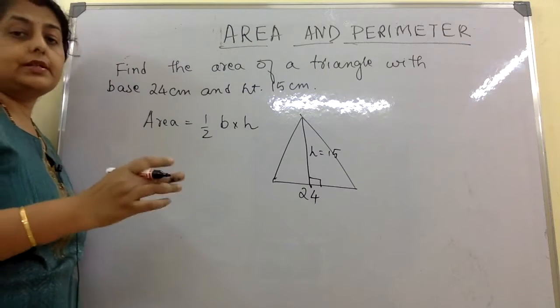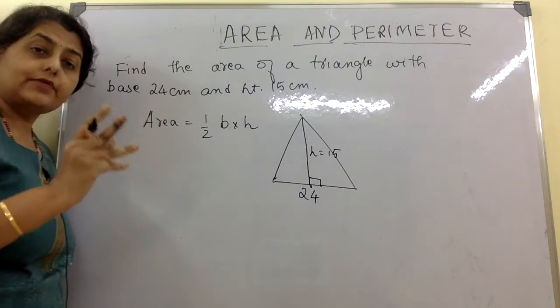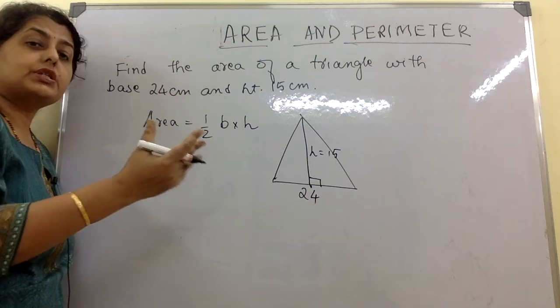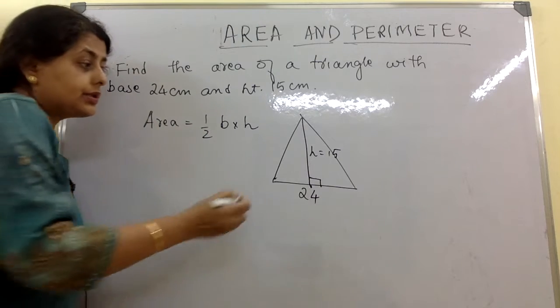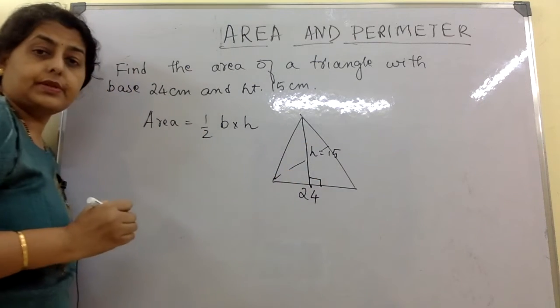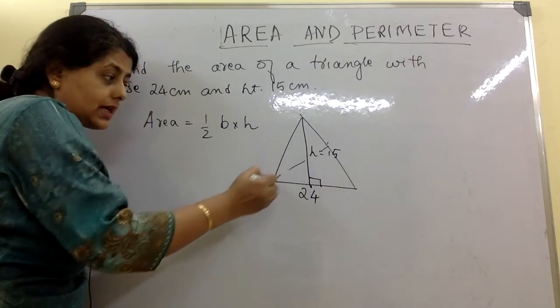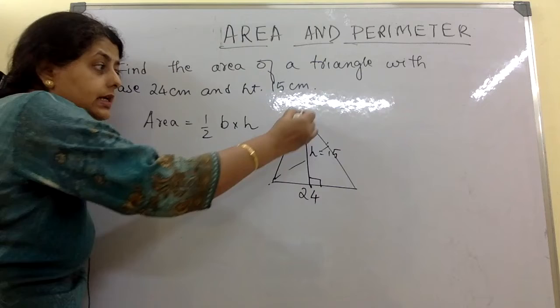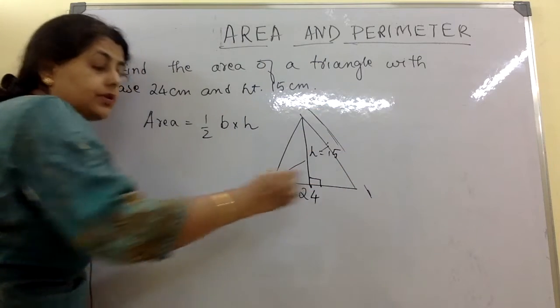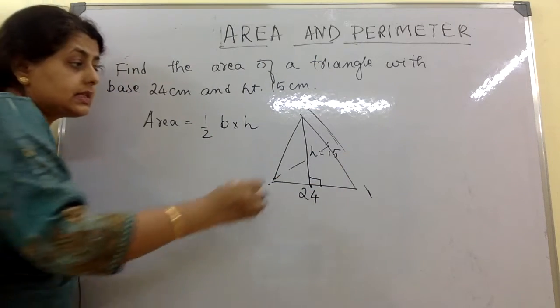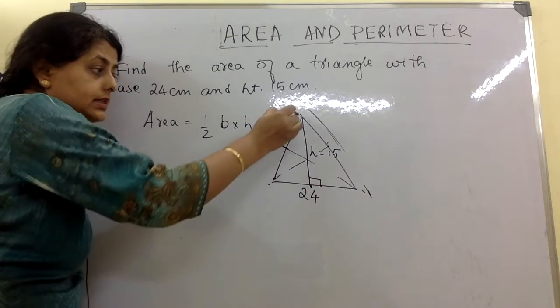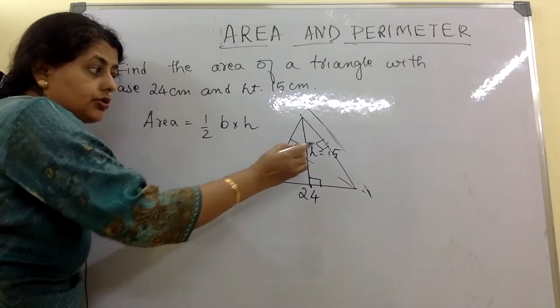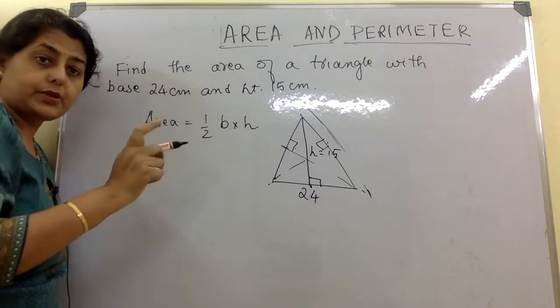Now remember one thing, for the same triangle I can have 3 different heights. Let's see. This can also be another height. If I am using this height, supposing it is 12 centimeters, then the corresponding base should be given to us. The next height is this. Heights are always perpendicular lines.